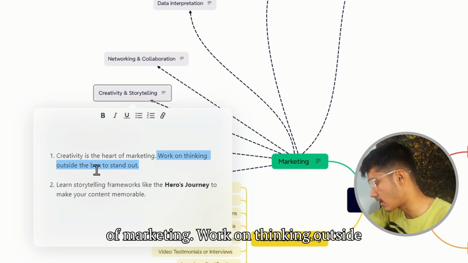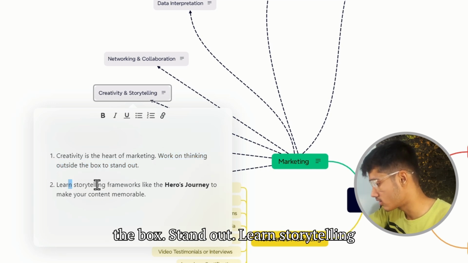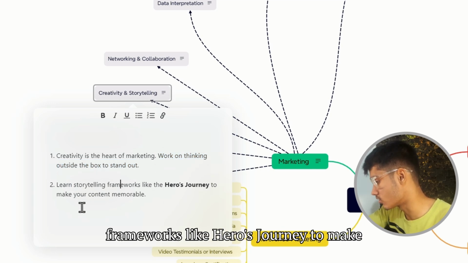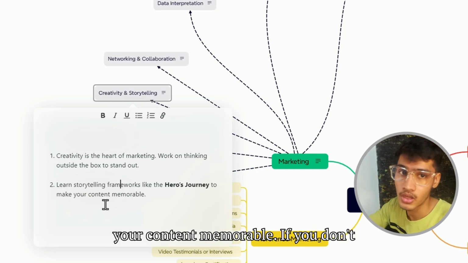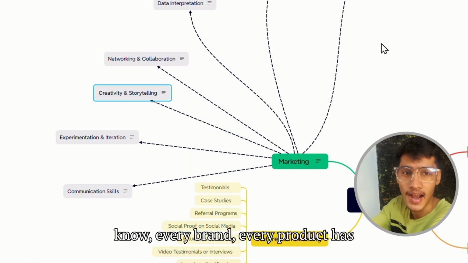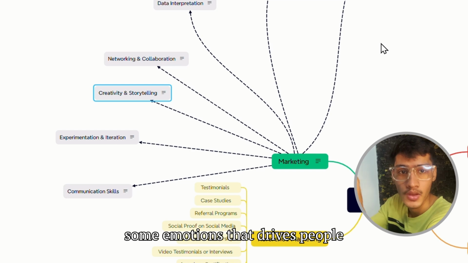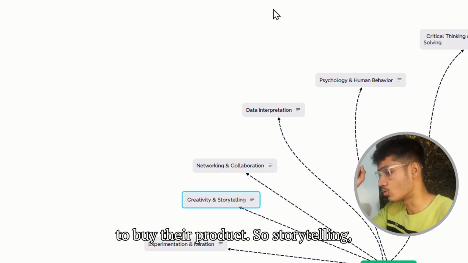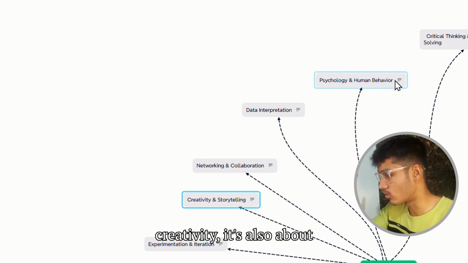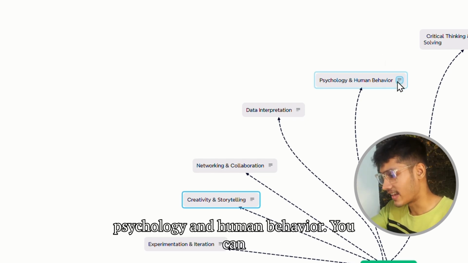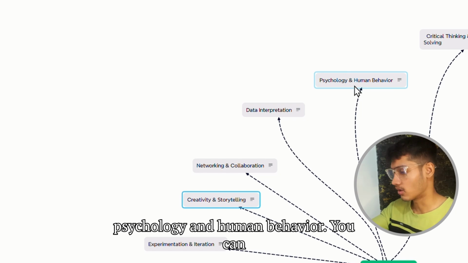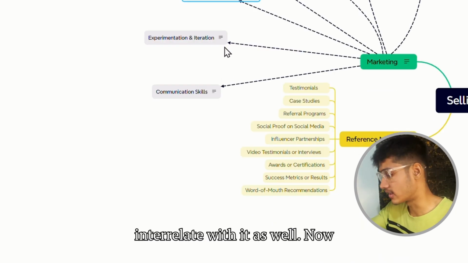Work on thinking outside the box to stand out. Learn storytelling frameworks like the Hero's Journey to make your content memorable. If you don't know, every brand, every product has some emotions that drive people to buy their product. So storytelling and creativity is also about psychology and human behavior. You can interrelate it with that as well.